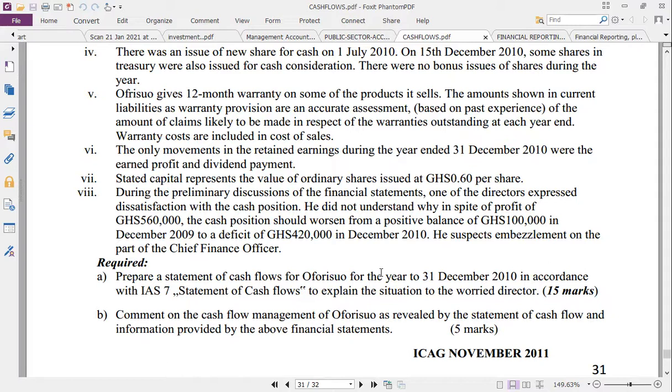B, comment on the cash flow management of the company as revealed by the statement of cash flows provided by the financial statements. It means we can also use the cash flow to analyze the company's positioning. And then I'll do that.